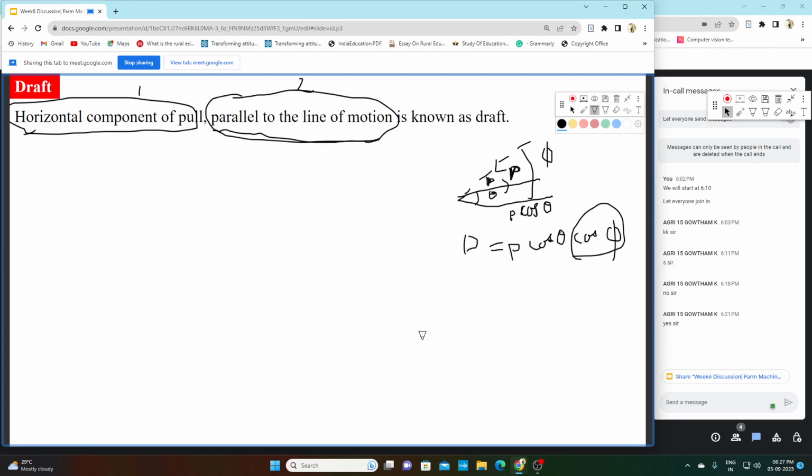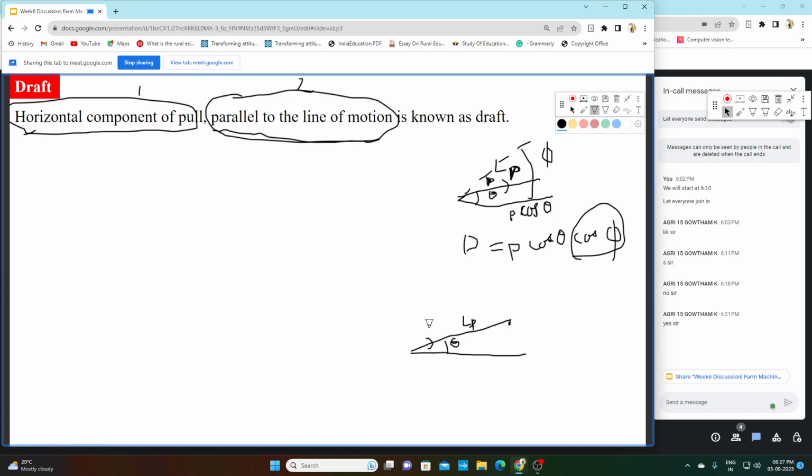If you remember the second lecture, our line of pull to the hitch is something like this. It is making some angle with the horizontal. This is your line of pull, LP. According to the first part of the definition, it is the horizontal component of pull.